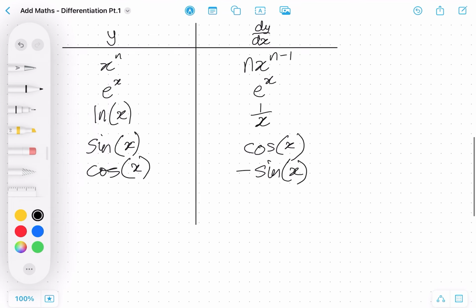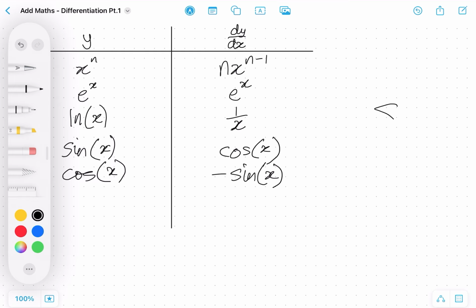One way I like to remember this is using the acronym S, C, negative S, negative C. If we're differentiating, we're always going down this acronym, and if we're integrating, we're going up the acronym. I'll make a video on integration soon, but for now, let's focus on differentiating, so it's going down the acronym.